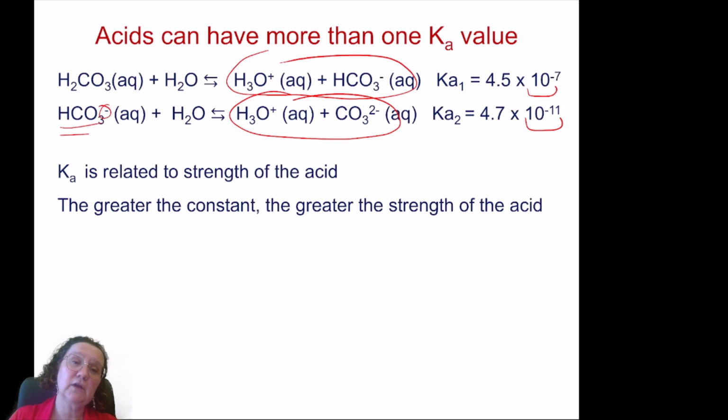So you have a species that has a negative charge, and the water is trying to take another hydrogen ion from that species to generate a species that is still more negatively charged. So it becomes more and more difficult to take those hydrogens. So this pattern of the first acidity constant being larger than the second one, and the second larger than the third one, etc., is very common.